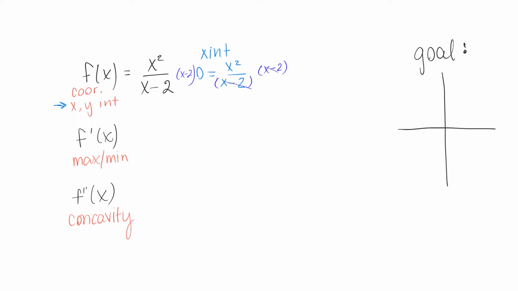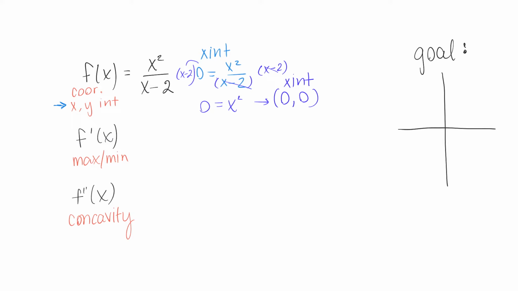And then, of course, these cancel, and then 0 times x minus 2 is 0. So 0 equals x squared. So what does that mean? Take the square root. Our x-intercept is at 0, 0. Okay, so here's our x-intercept. So that's useful information. Now, in the interest of space, I'm going to erase that.